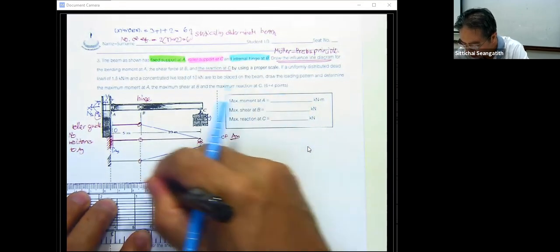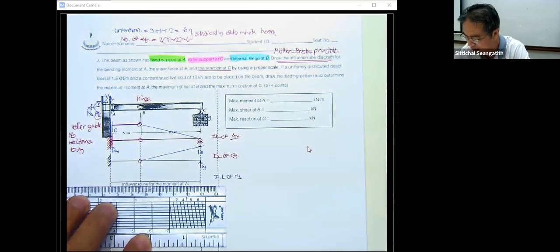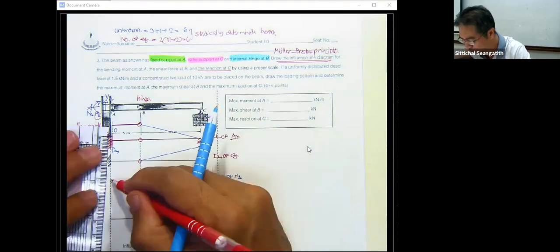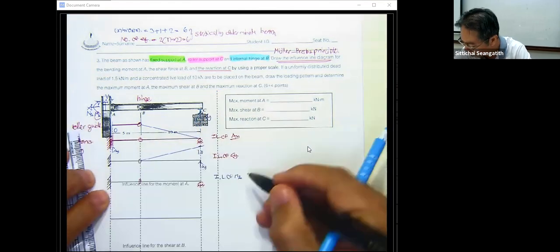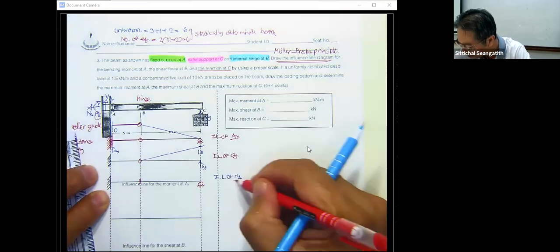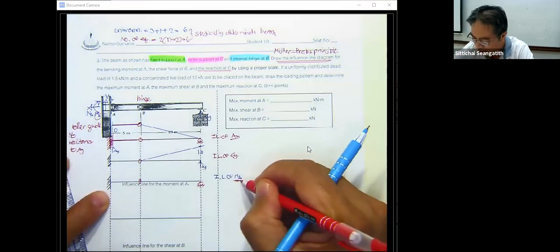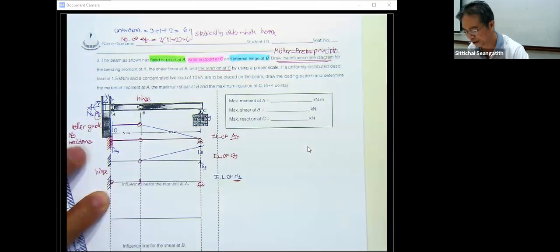What we have is, by doing this, the hinge here is okay, the roller here is okay, but over here used to be the fixed end. When you're going to draw the influence line for moment M sub A, you have to release the resistance of M sub A by putting a hinge into this point.